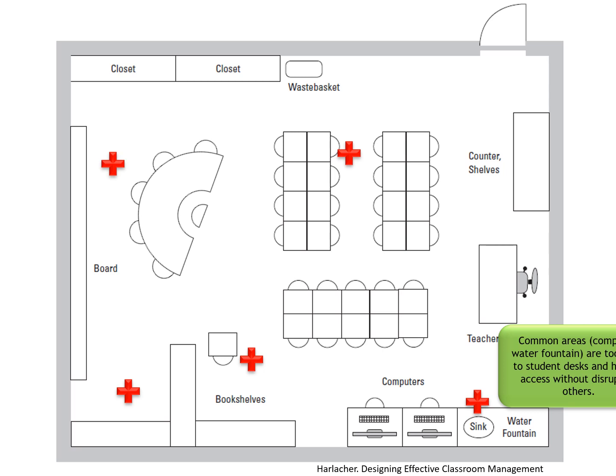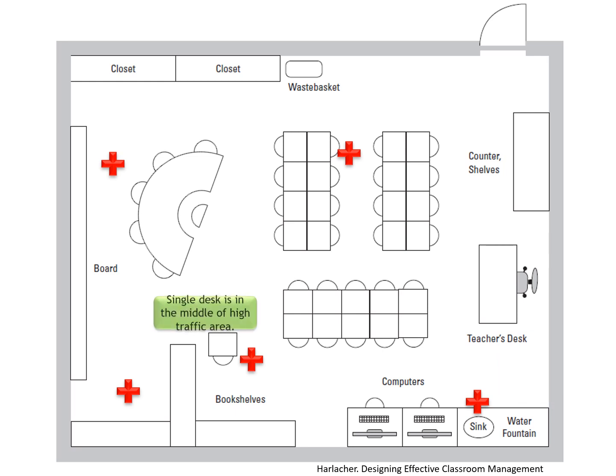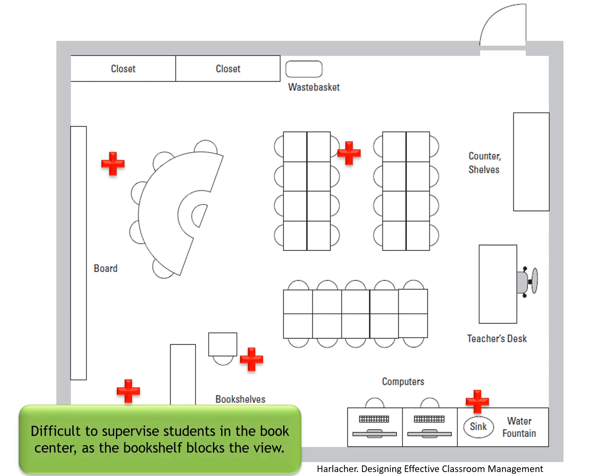Common areas, like the water fountain, are near students' desks and have access without disrupting others. Single desk is in the middle of a high traffic area. Difficult to supervise students in the book center as the bookshelf blocks the view.